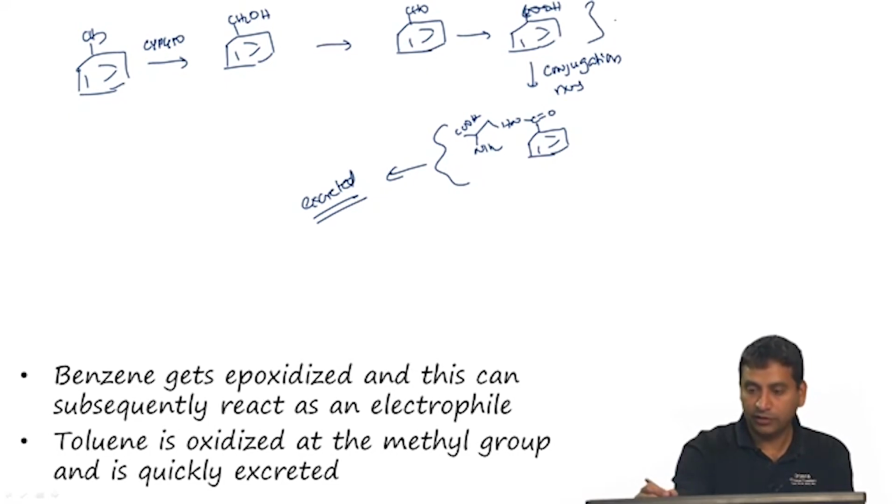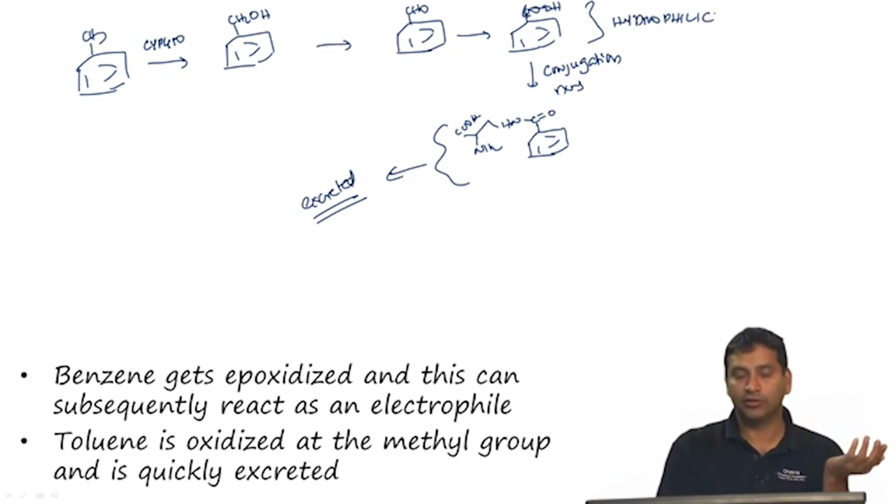So, this itself is hydrophilic, and subsequently the carboxylic acid can undergo conjugation to give you more water soluble derivatives, which is then quickly excreted.